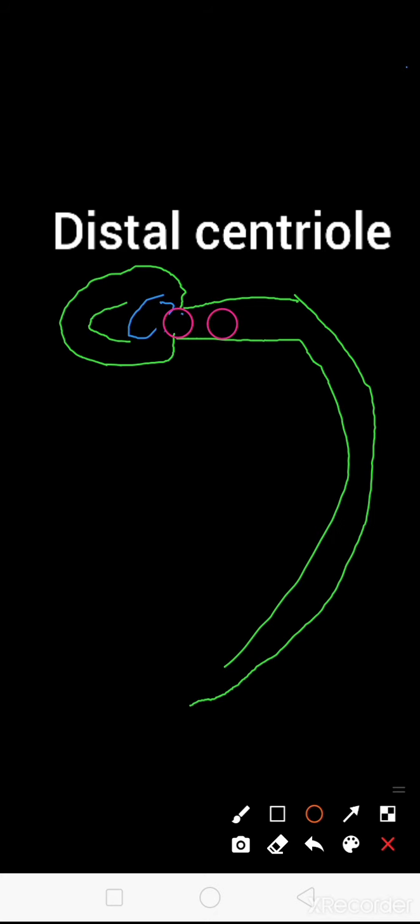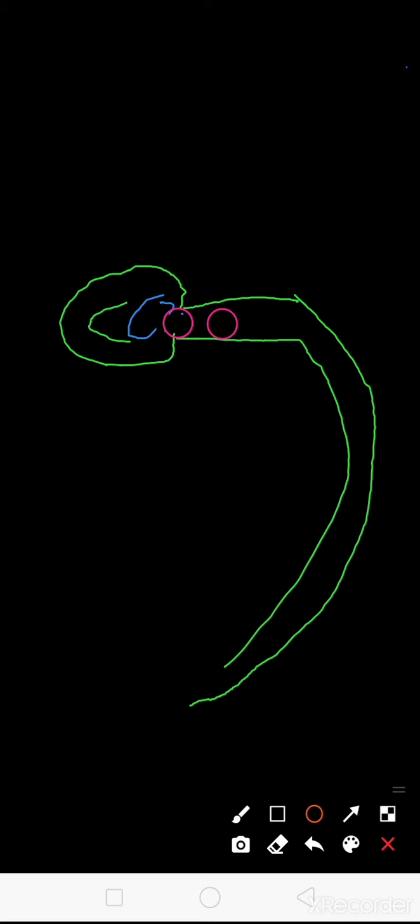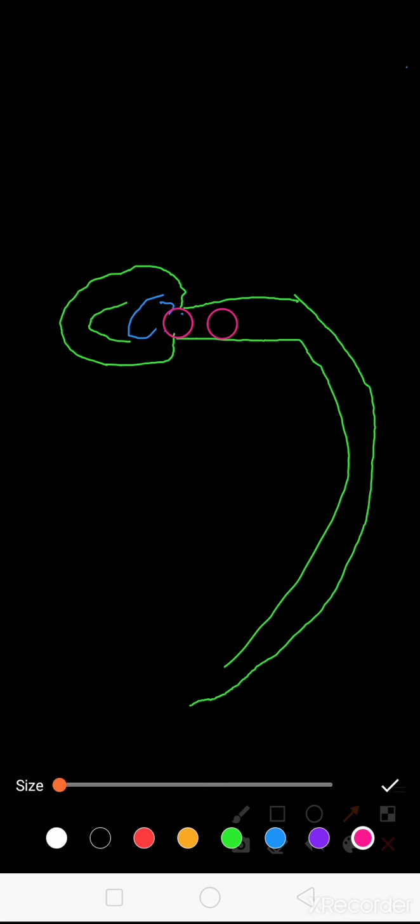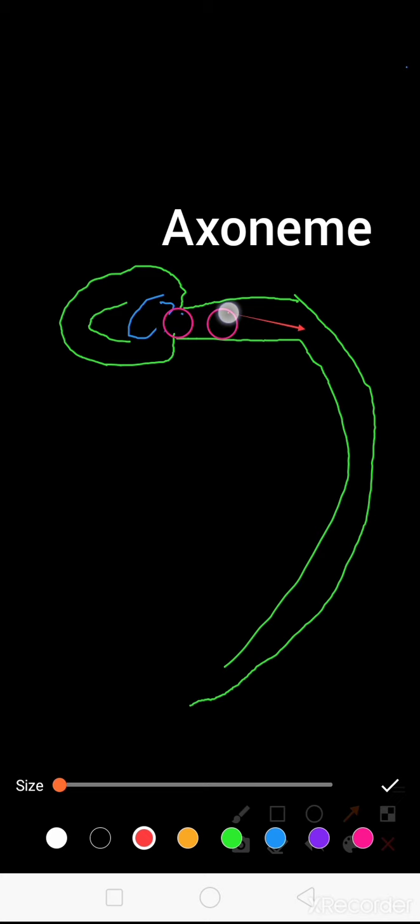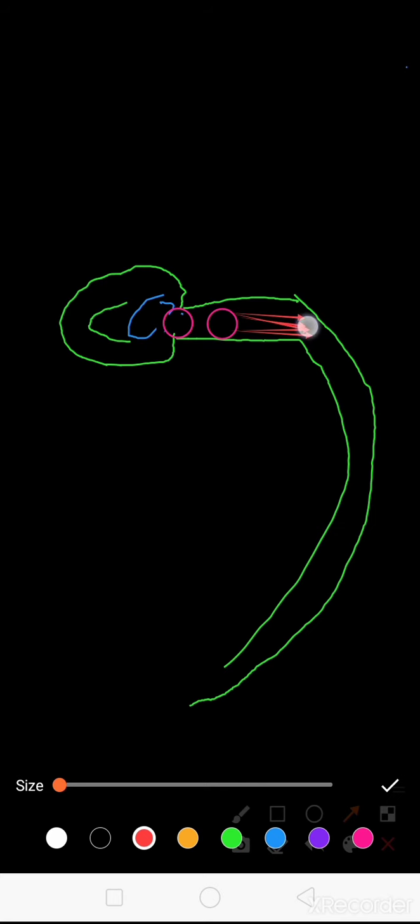The proximal centriole forms the spindle during the zygotic division, and the distal centriole will form the axoneme. So the axoneme is formed from this very distal centriole. Axoneme is basically the axial filament.